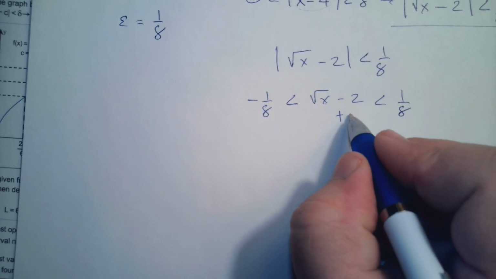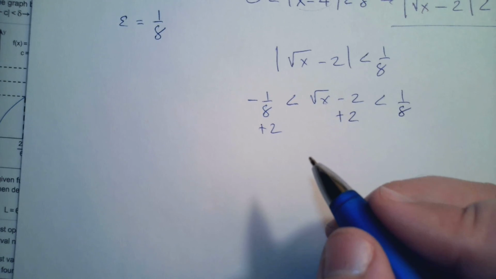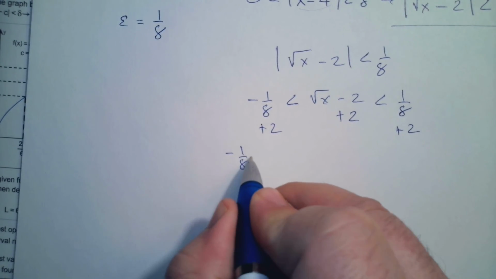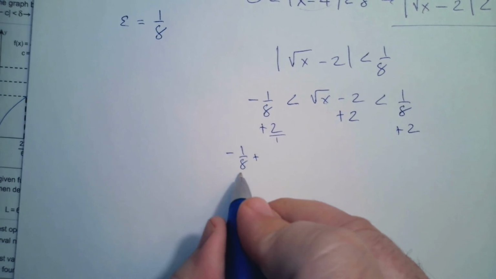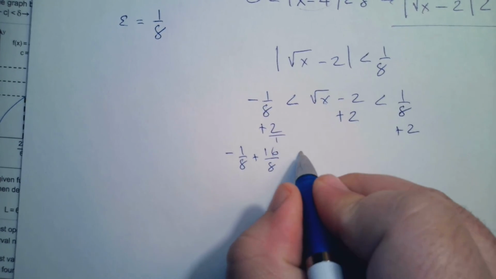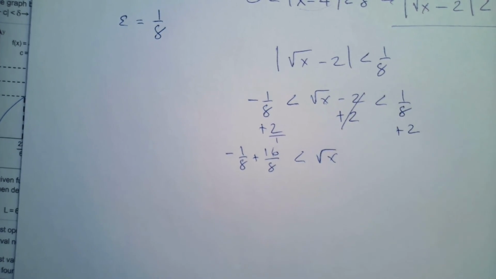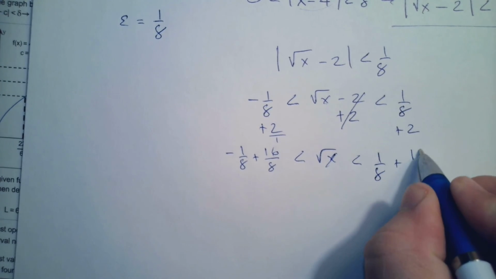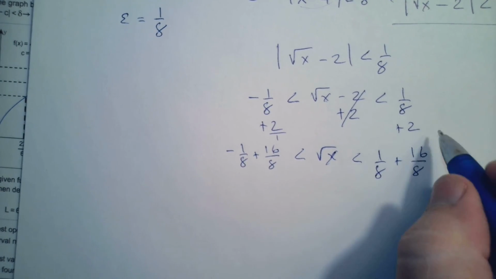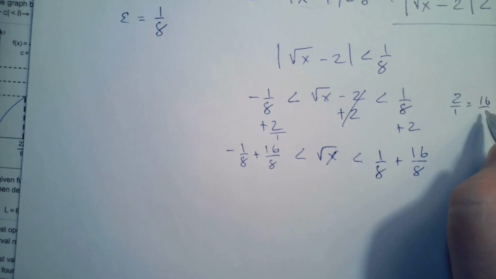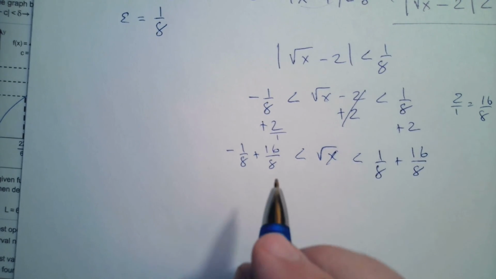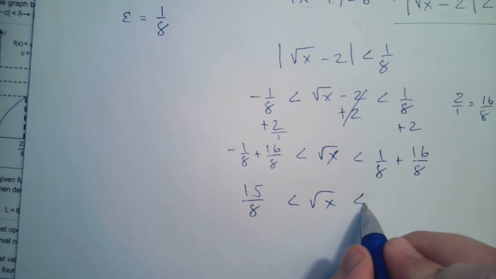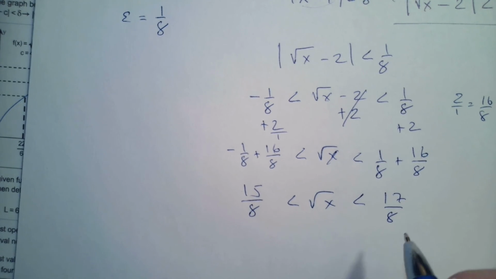Trying to get x by itself, add 2 to everybody. So we have negative 1 over 8 plus 2 over 1. Get a common denominator, it's 16 over 8. The 2's cancel. So we have negative 1/8 plus 16 over 8, that's what 2 over 1 is, 16 over 8. So we have 15 over 8 is less than radical x, which is less than 17 over 8.